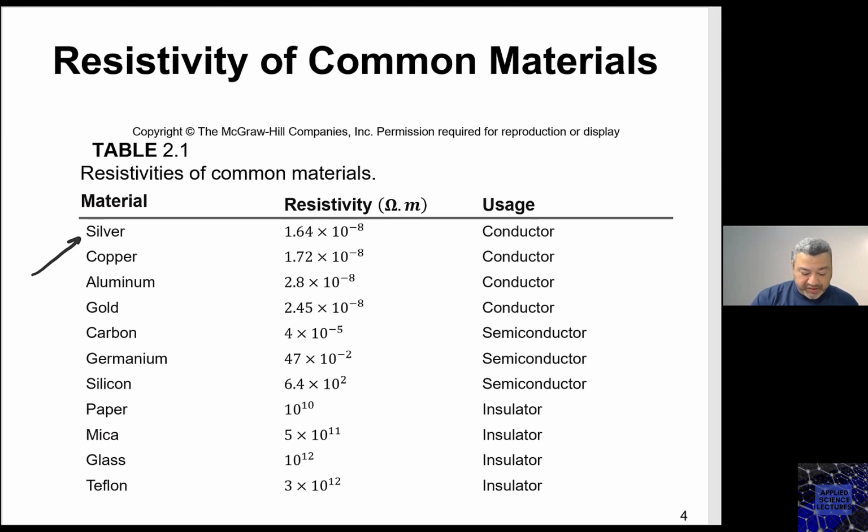If you compare this resistivity, for example, with the paper here, you can see that the paper has a resistivity of 10 to the power 10, which basically gives a ratio of almost 6 times 10 to the power 18. So there's a huge gap between this insulator that is called paper and this silver that is called conductor. In between, we also have the semiconductors that are used in building semiconductor devices.